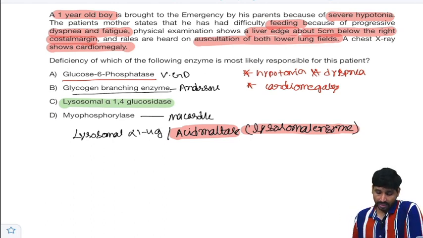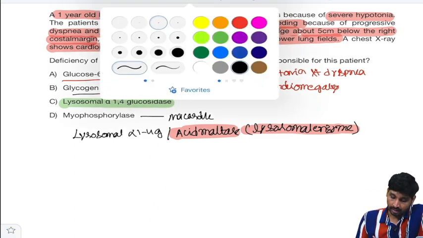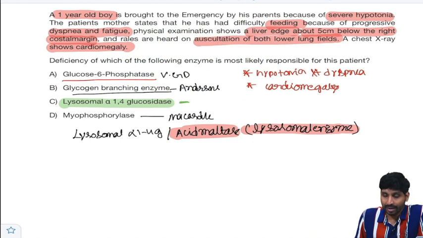The condition is type 2 glycogen storage disorder, that is Pompe disease. Based on the clinical features given in the stem of the case, it is Pompe disease.